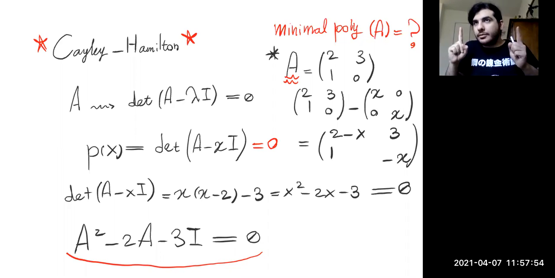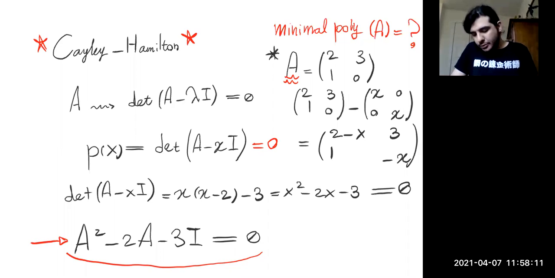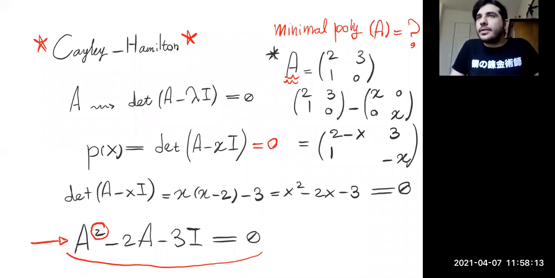So I've already found one polynomial which A is a root of, right? If there is a minimal polynomial, the degree of that polynomial should be less than the degree of this polynomial here, right? Here the degree is 2. So if there is a minimal polynomial, the degree of that should be 1, right?